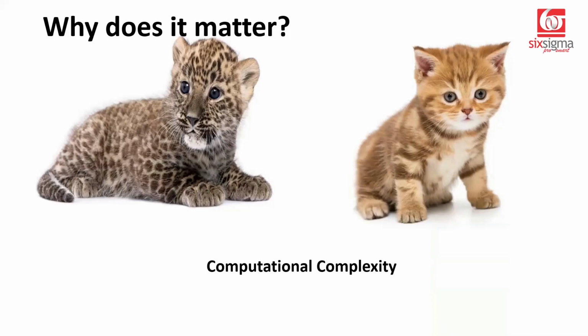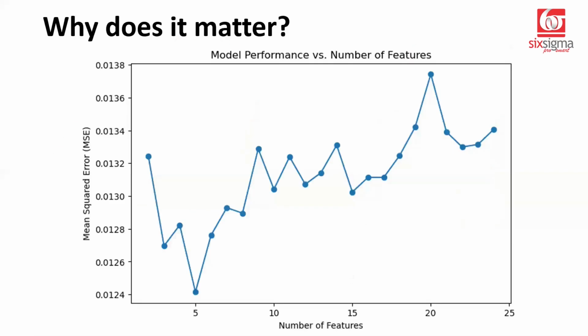So that's one. Second is, it has an effect which is known as diminishing returns. Now, what is this? So let me show you another example. Let's say we tried to solve a regression kind of a problem where we took features anywhere from 2 to 25. So we took the performance of different models over a range of number of features. Now the y-axis here represents the error and x-axis represents the number of features.